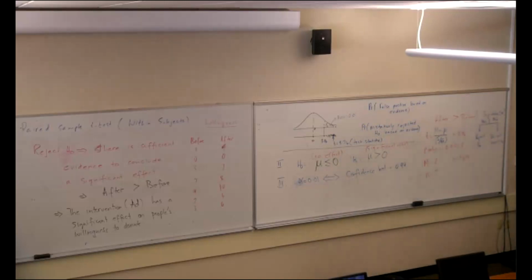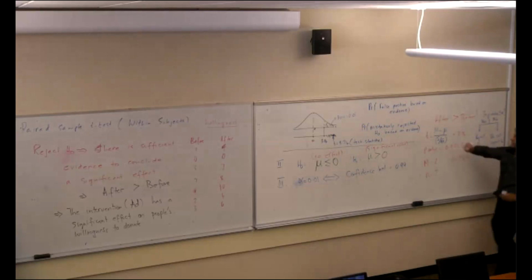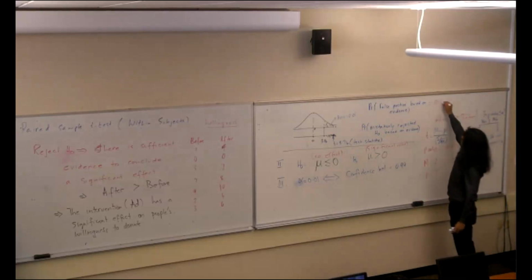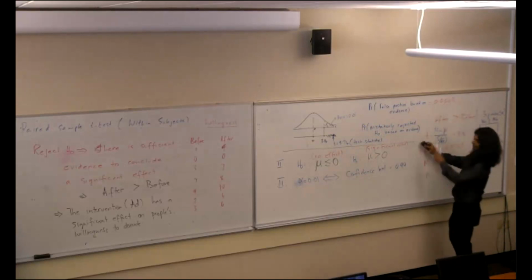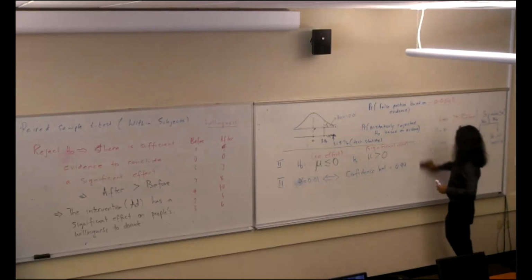What is the probability, Riley? It is simply the p-value. Very good. That number is 0.0048. Going to erase all of this, I don't need it.